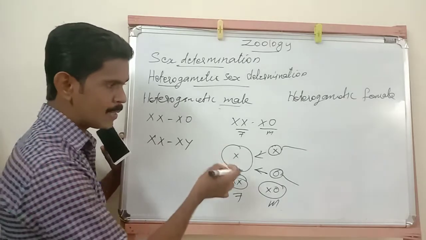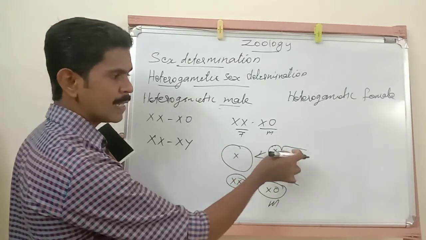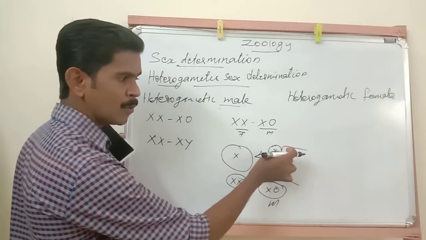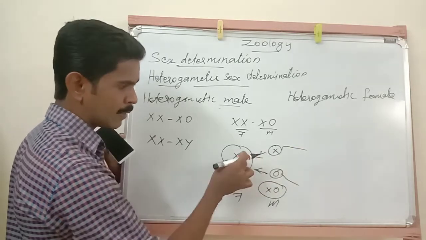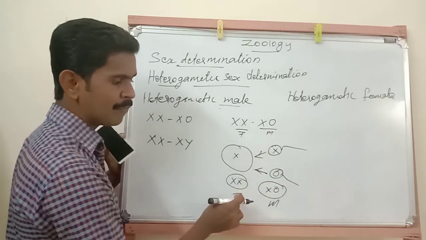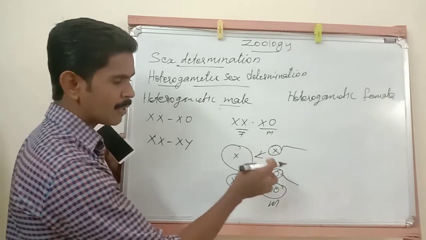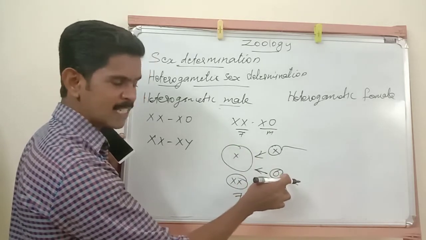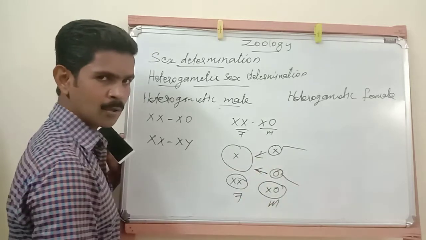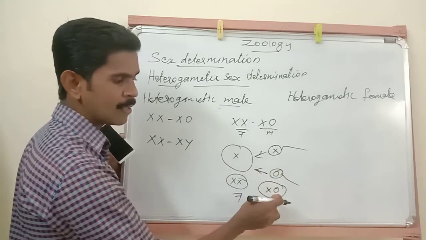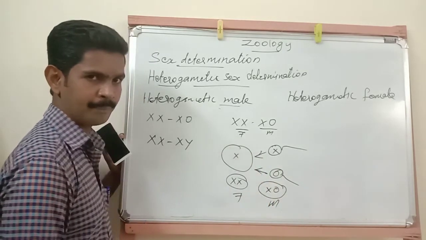So when an egg is fertilized with an X chromosome bearing sperm, that fertilized egg develops as a female embryo. When an egg is fertilized by a sperm without X chromosome, that egg develops as a male organism.